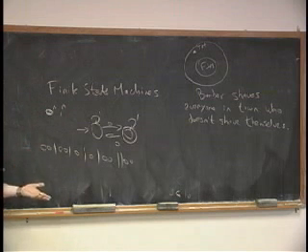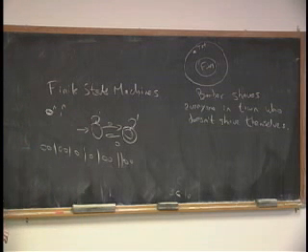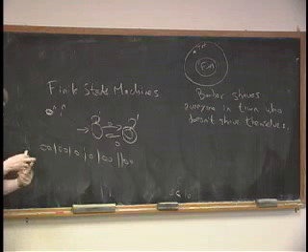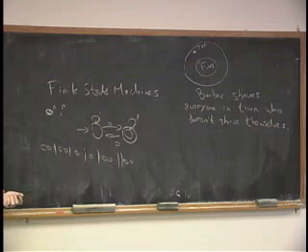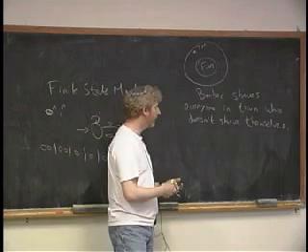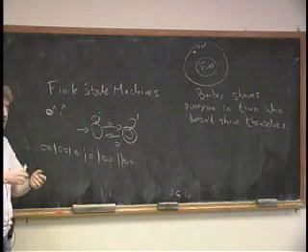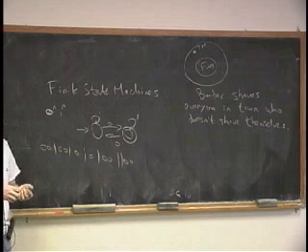Now, that's a perfectly reasonable hypothesis to exist, but if that machine existed, I've asked you the question, what does that machine do when I input it to itself? Does it accept itself or not? If it accepts itself, then it's supposed to reject itself, because it's supposed to accept only the finite state machines that don't accept themselves.